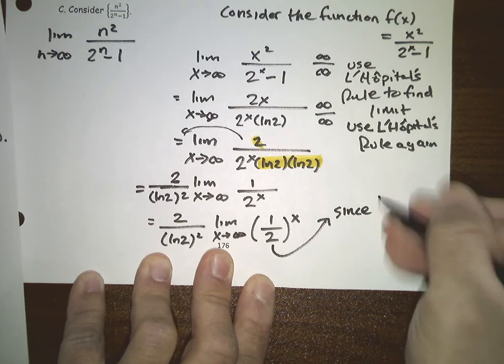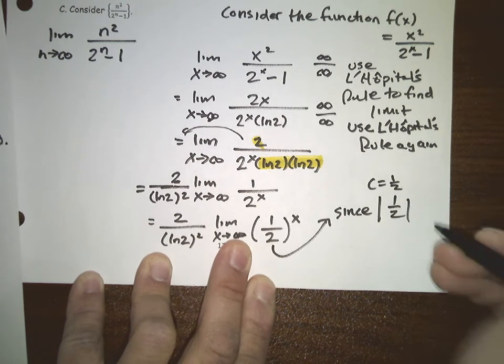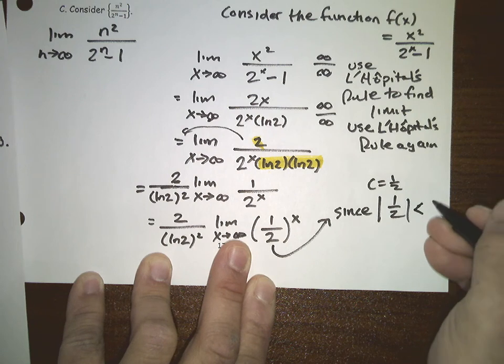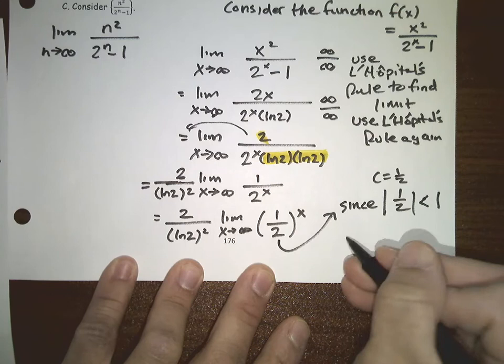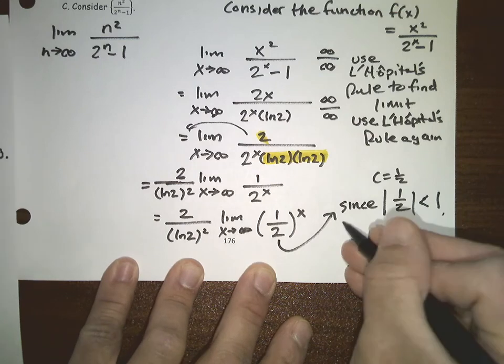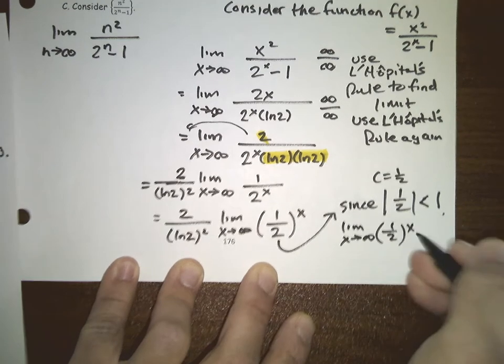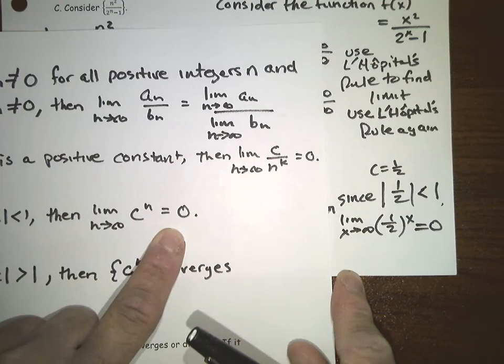So since the absolute value of c, which is 1/2, is less than 1, that means this limit is equal to 0, by this part right here.